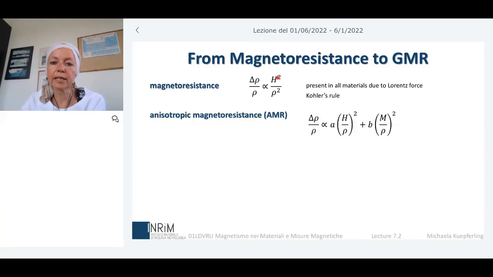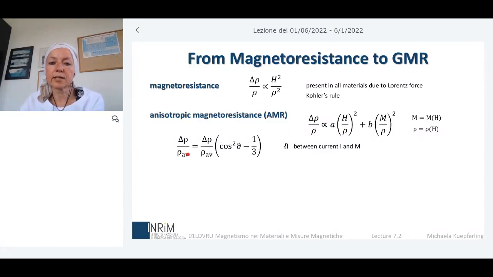And as the field acts on the electrons in a non-magnetic metal, the magnetization also acts on the electrons, as it would be a field, of course.